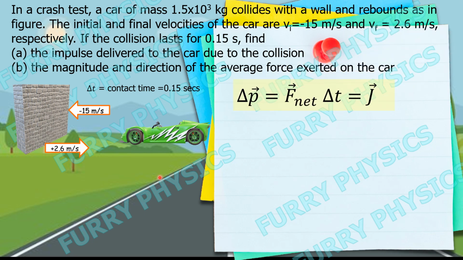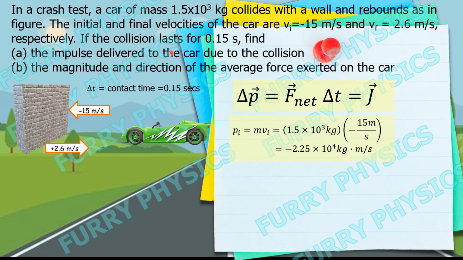Again, we use the impulse momentum theorem given by this equation here, wherein the change in momentum is equal to the impulse and equal to the net force times the elapsed time or the contact time.